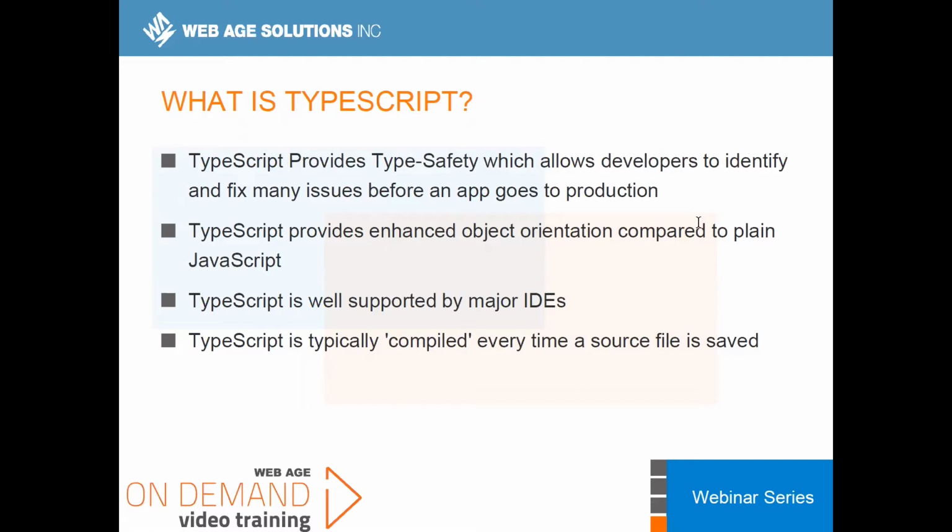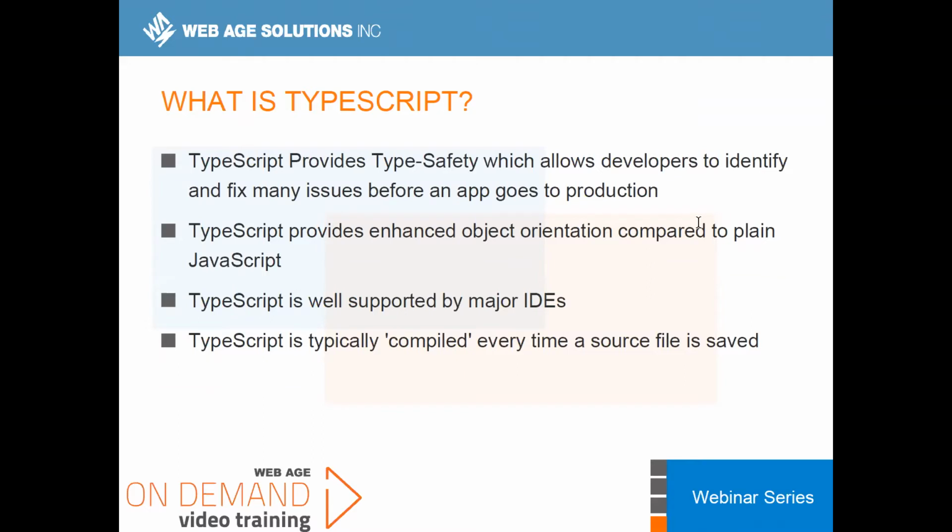So these issues are going to be found during that transpilation stage. Okay, and that's during development. So whenever you save a file, that file is going to be converted over to regular JavaScript, and at the same time, it's going to find any issues that are related to type safety. Okay, and we'll describe type safety in a minute.